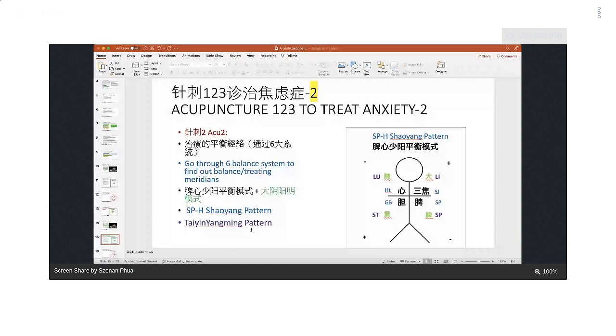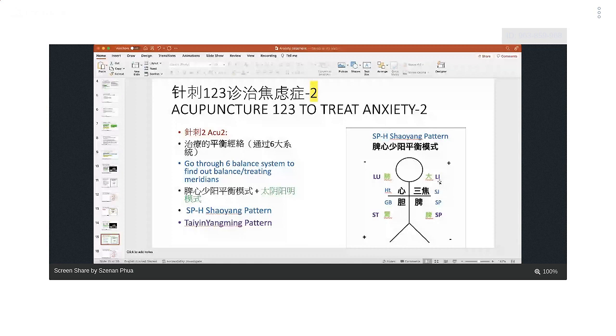And what is Tai Yin Yang Ming? Hand Tai Yin lung meridian on the right hand, the purple one, right? Foot Tai Yin spleen, put on the left leg. Hand Yang Ming, large intestine, left hand.